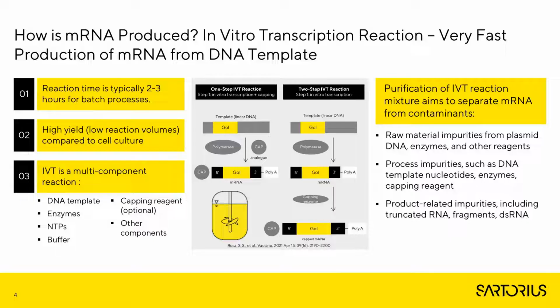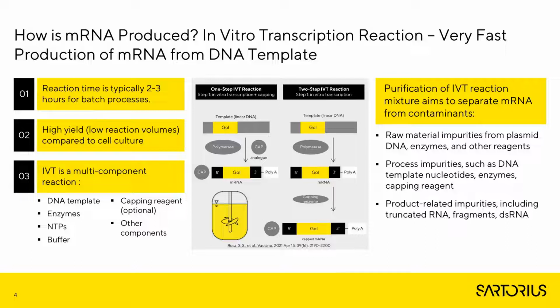The IVT reaction itself has multiple components, and these components are very important when it comes to understanding the kinetics of mRNA production. So we would, of course, have our DNA template, the enzymes, the NTPs, the capping reagents, the buffers, and other additions that can be added. Now, for the capping reagent, of course, there's two approaches here.